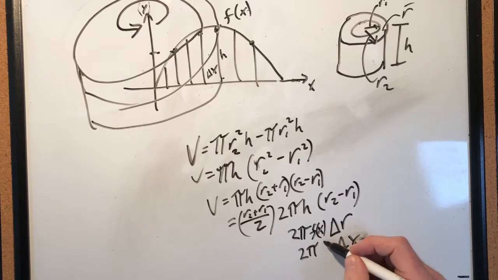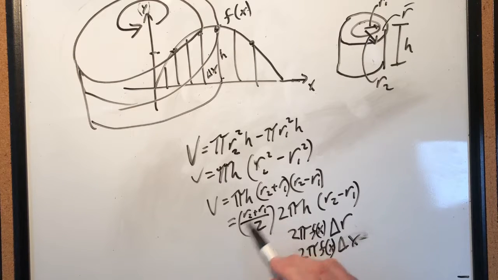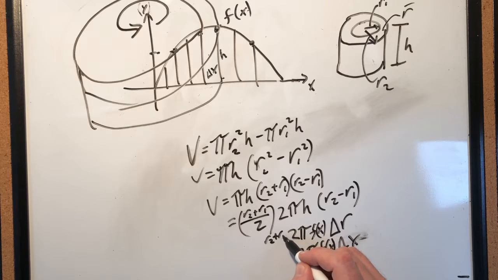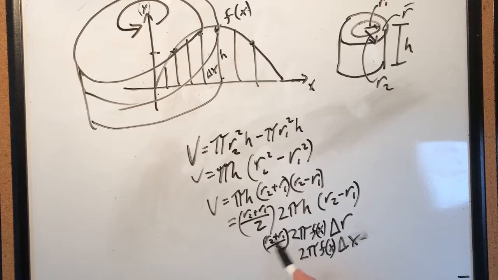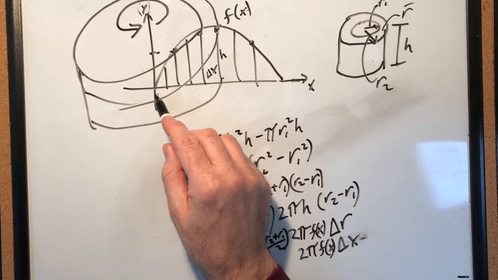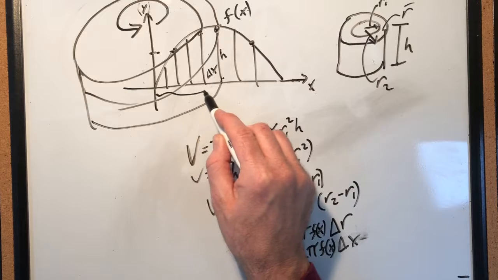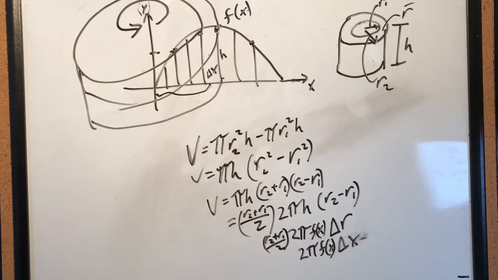So I'm going to knock this down to the next level to match up to my delta x, f of x, and then I have the radius 2 plus radius 1 divided by 2. And if we control ourselves, we can make this value for the average radius using the mean value theorem.